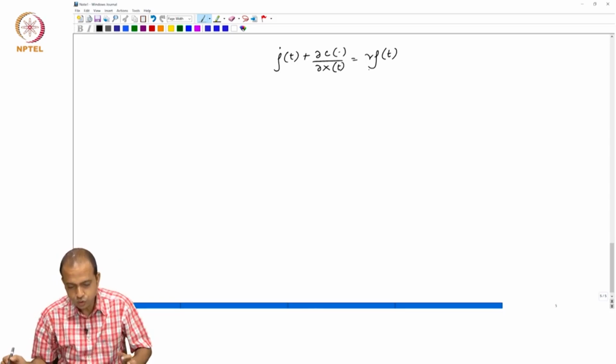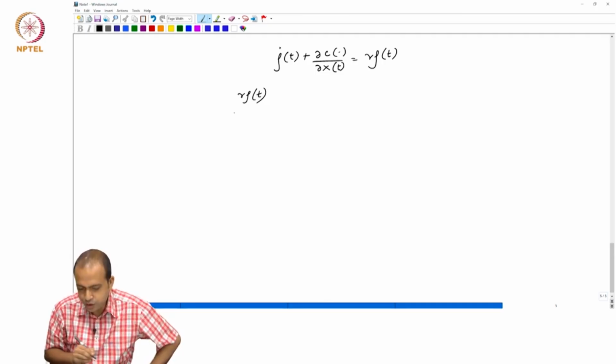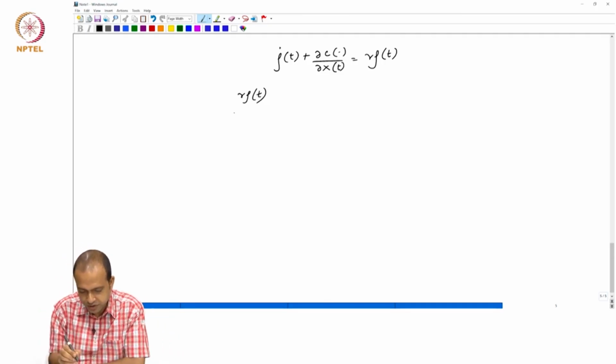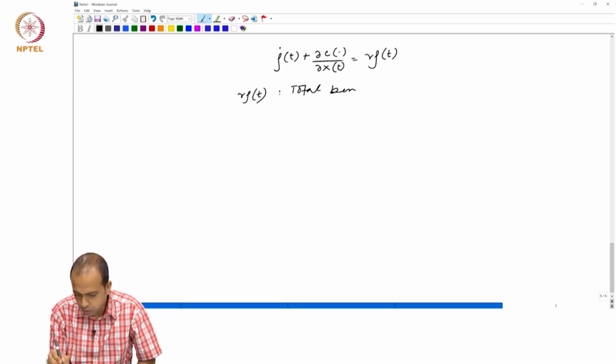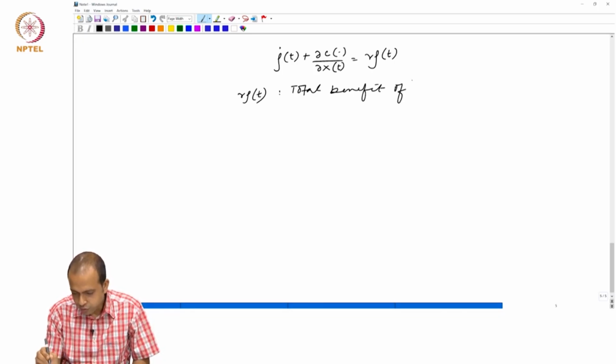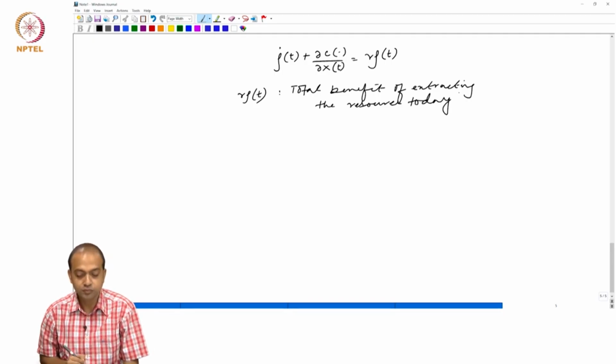Okay. So, r into rho t is basically the total benefit of extracting the resource today.